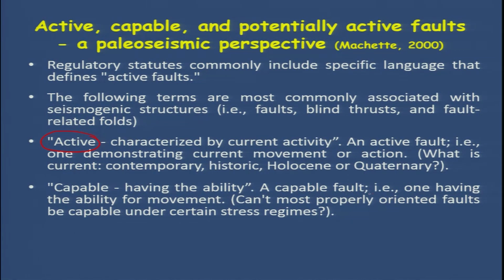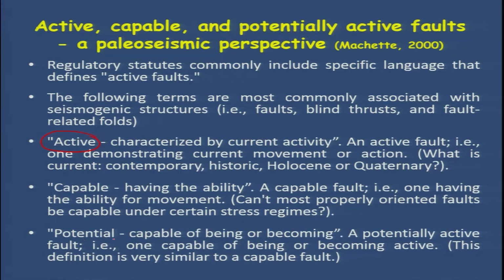A capable fault is one having the ability for movement in the near future. And third is potential, capable of being or becoming active. Okay. So, a potential active fault is one capable of being or becoming active in the near future. This definition is very much similar to the capable fault.